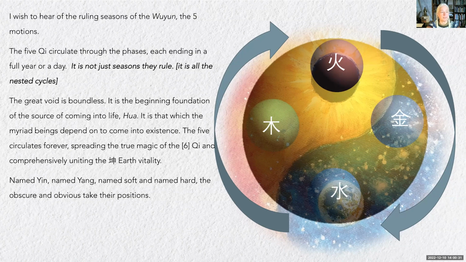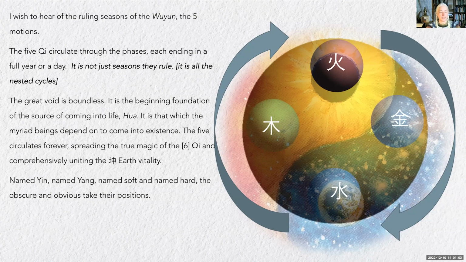It is the beginning foundation of the source coming into life. It is that which the myriad beings depend on to come into existence. The five circulate forever, spreading the true magic of the six chi and comprehensively uniting the earth, the vitality of beings on earth. Isn't that beautiful?